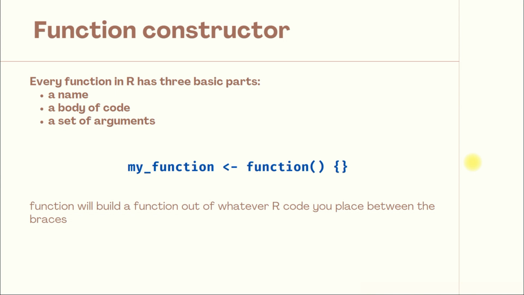Every function in R has three basic parts. It has a name, the body of the code, and the set of arguments. In order to make our own function, we need to replicate these parts and store them in an R object.